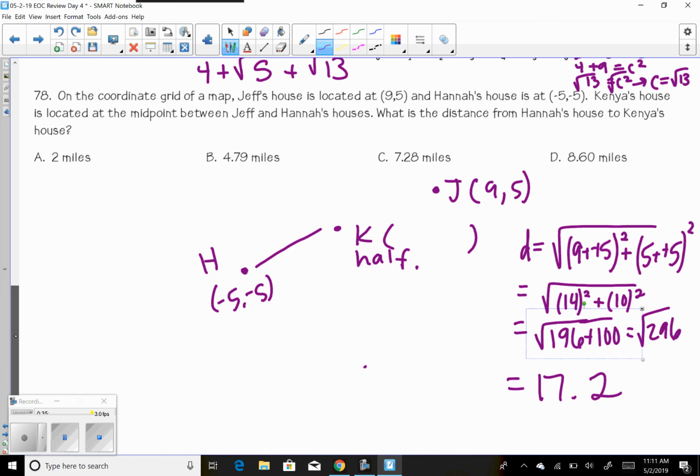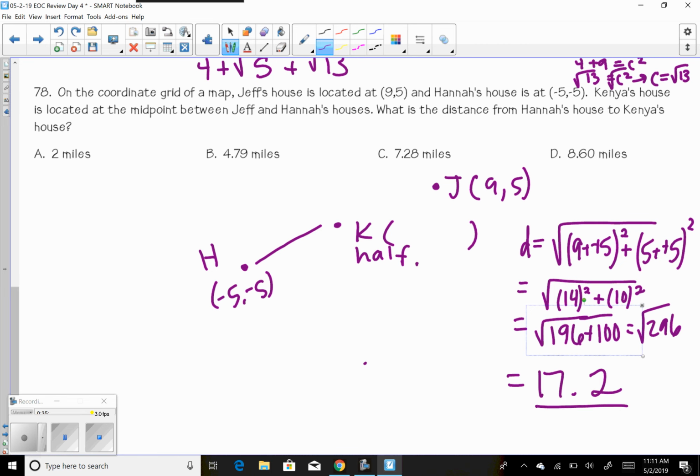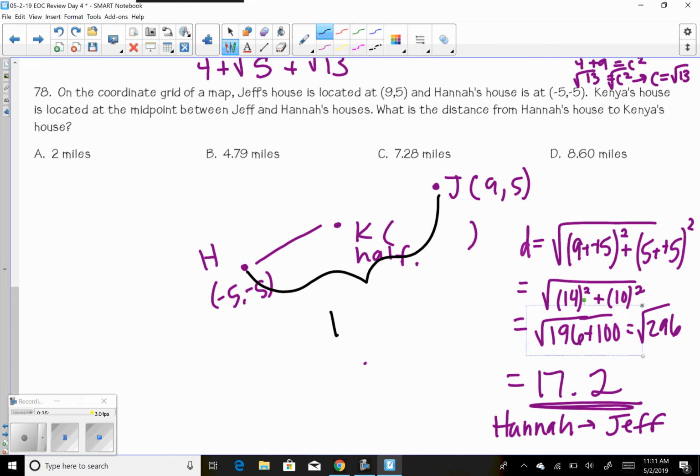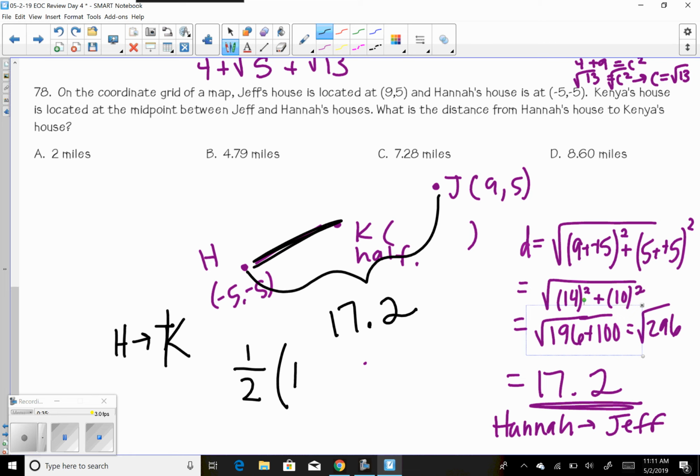All right. So what this is from Hannah to Jeff. Right? So I'm going to come right here. Let's just say from Hannah to Jeff, that total distance is 17.2. So what do we know about from Hannah to Kenya? From Hannah to Kenya, oh, that's a K, not a T. It's going to be 1/2 of that distance.